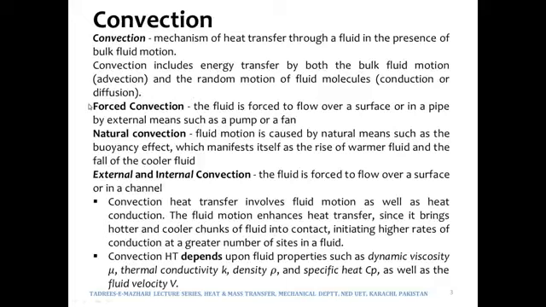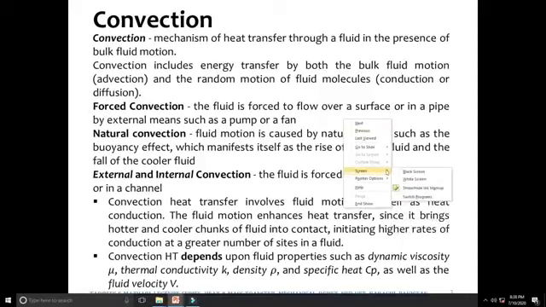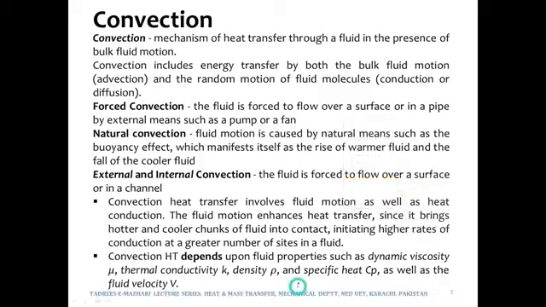There are various classifications of convection. Convection may be classified as either forced or natural. Natural convection is that type of convection in which we do not use any external means to make the fluid flow over the surface.